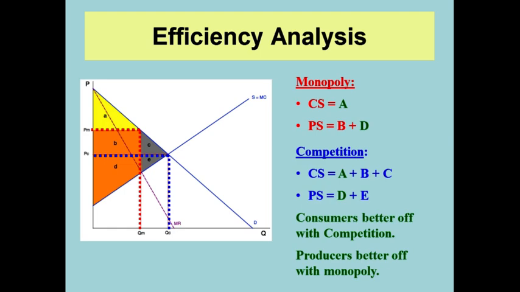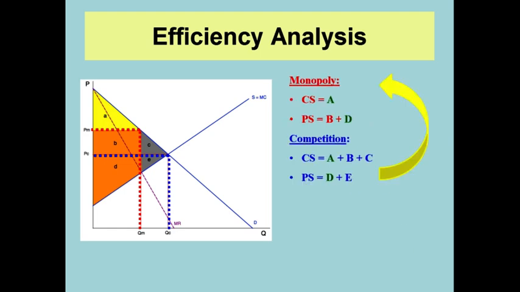All right. So now let's think about what's going on. Let's start at competition and move to monopoly. And hopefully you see if we started in competition and we move to monopoly, something happens to areas C and E. Well, what happens? Where did C and E go? They existed under competition.